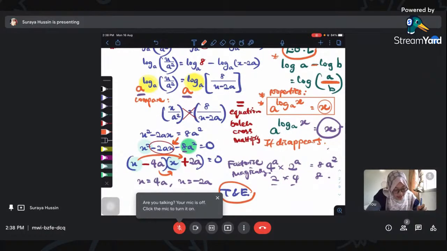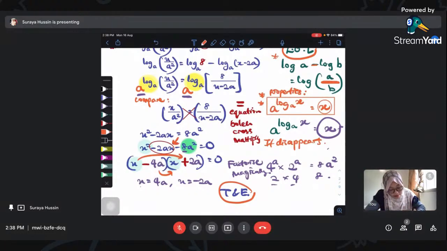Now, when you go find your tutorial answers, you will see that only this answer is correct. The answer negative 2A is being rejected. Why is it being rejected?